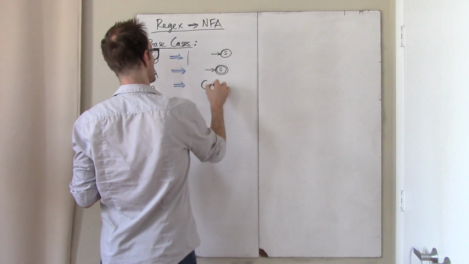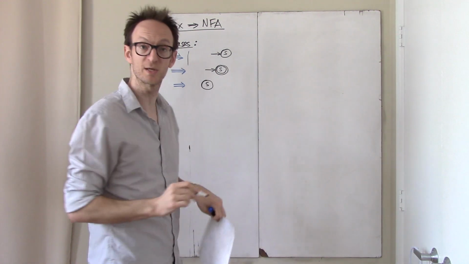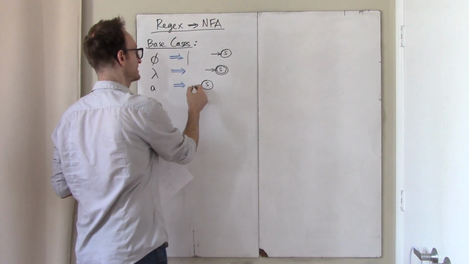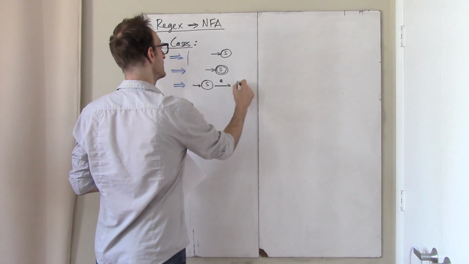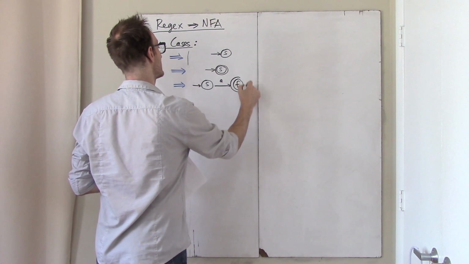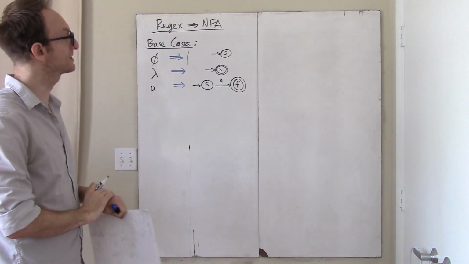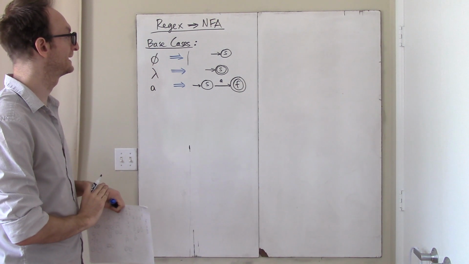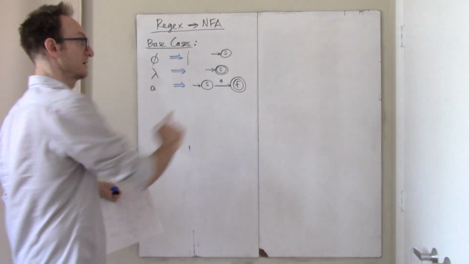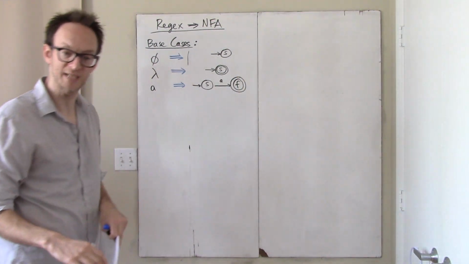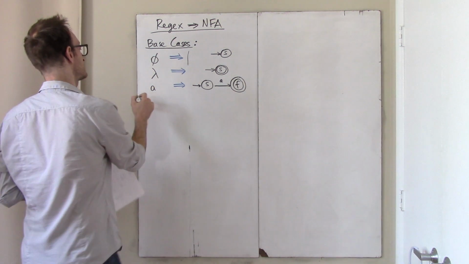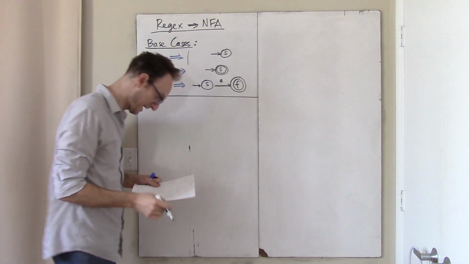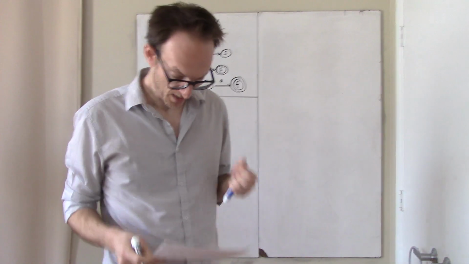You have a start state, which should not be an accept state, because we don't want to accept the empty string, the null string. And then, upon reading an A, we should go to some final state, and in that final state, we accept. And the lack of transitions out of this state means any subsequent characters we read die. Okay, so this is the base case. That was kind of maybe a little bit silly or something.